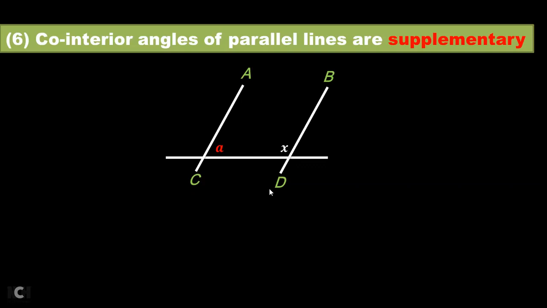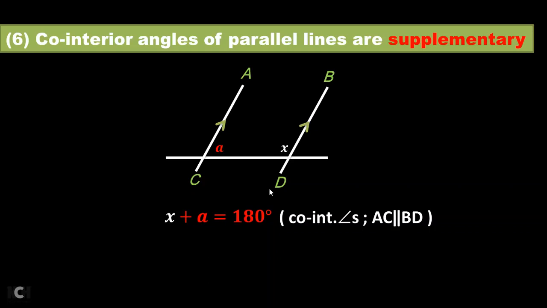Now, A plus X is not equal to 180 degrees, but it is equal to 180 degrees only if line AC is parallel to line BD. So since we have line AC which is parallel to line BD, then we can conclude that angle X plus angle A equals 180 degrees. What is the reason for that? We have co-interior angles.